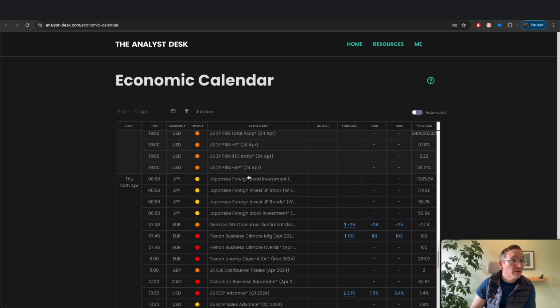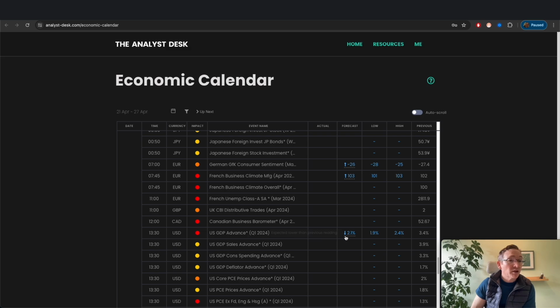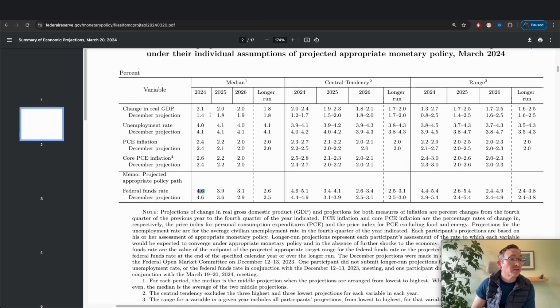Going through to Thursday, GDP advance. Now, expected to come in at 2.1%, down from the prior of 3.4. If you look at the last projection from the Fed, it expects GDP to be at 2.1, up from the December projection of 2024.